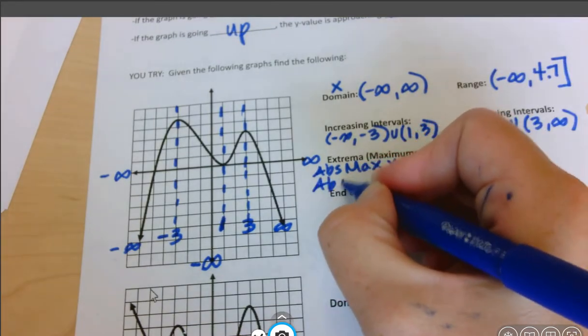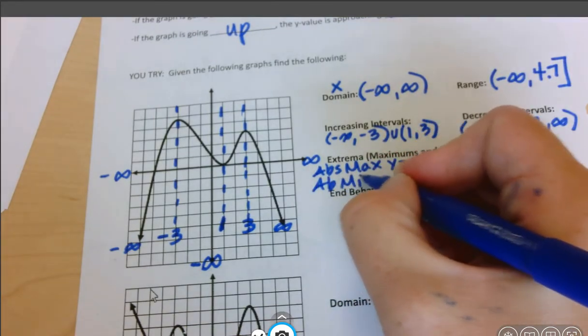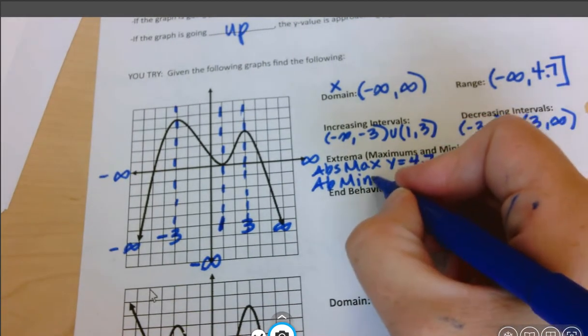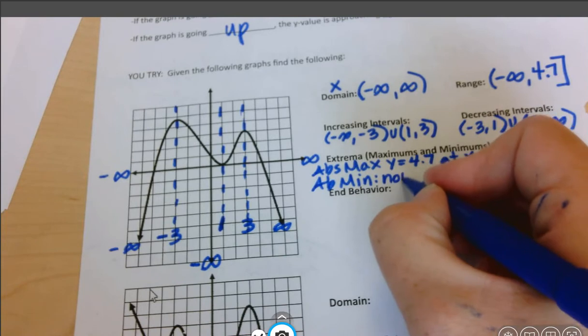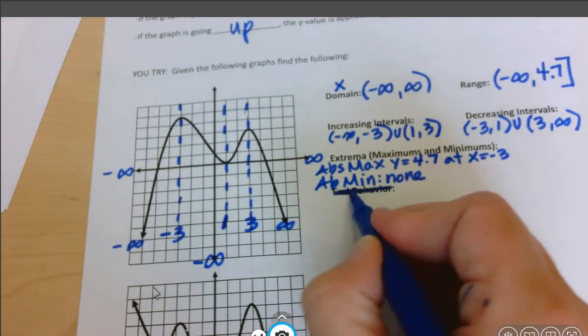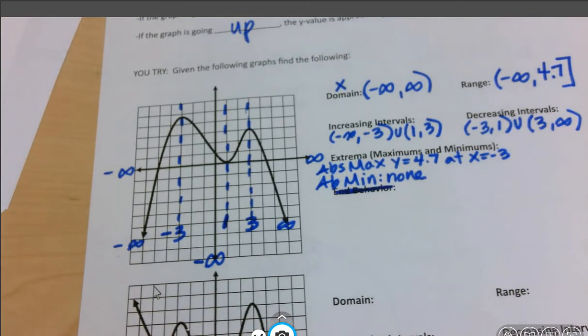Absolute minimum. Oh, we don't have one, right? So none, because it's going to negative infinity. I'm going to have to probably move my end behavior down, so I'm just going to cross that out and do that in a minute.